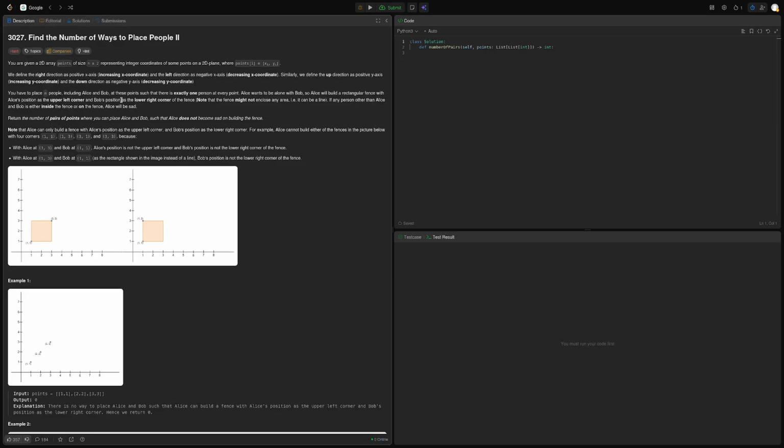Anyways, so they build upper left. Wait, what? With Alice's position upper left and Bob's upper left and lower right. Might not, it can be a line. Alright, I mean, I don't understand why this is a line here, but okay.